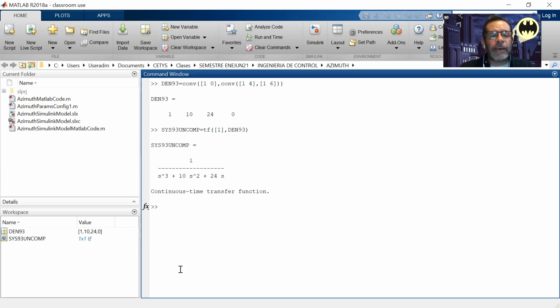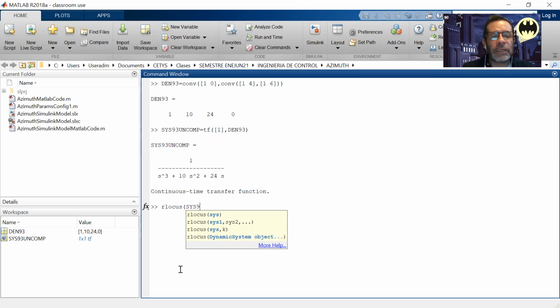Okay. And I'm going to do a root locus of this system. First off, let's see how the system behaves. Well, rather, we're going to look at the root locus first to look at the design parameter.